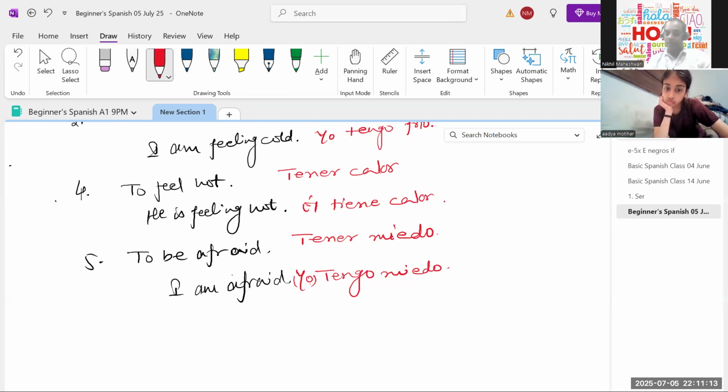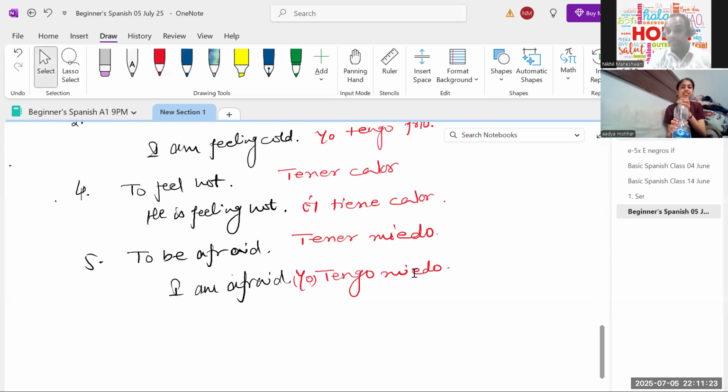Because tengo can only be used for yo, not for any other person, right? So as soon as I say tengo miedo, it means that I'm talking about myself. So I can drop yo. So it's optional. If I want to say the entire sentence, then I can say yo tengo miedo. If I just want to say tengo miedo, that's perfectly fine as well. That makes sense? Yes. Good.